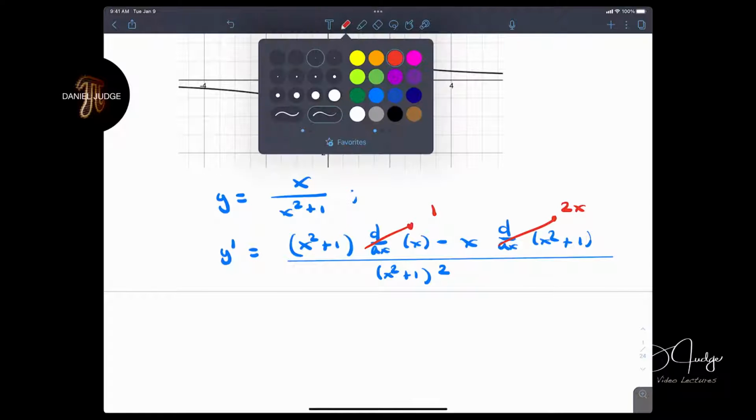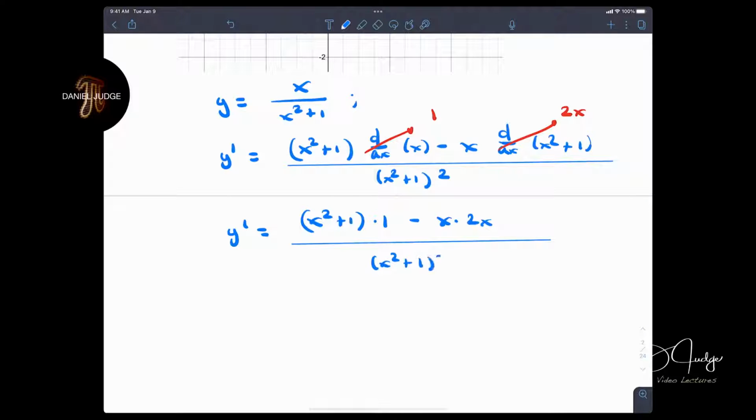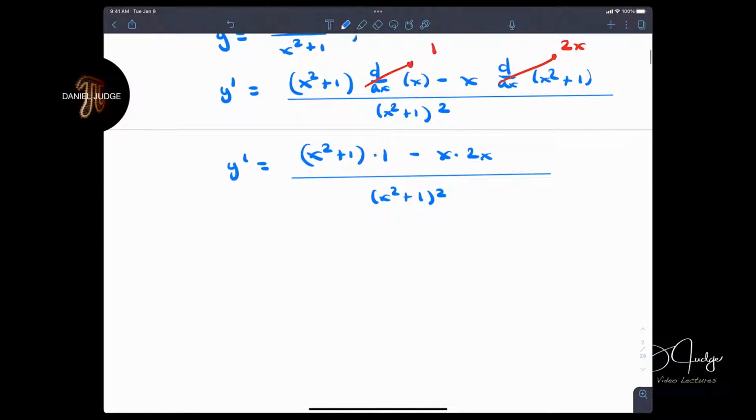So we get these derivatives here. And we'll use some algebra.